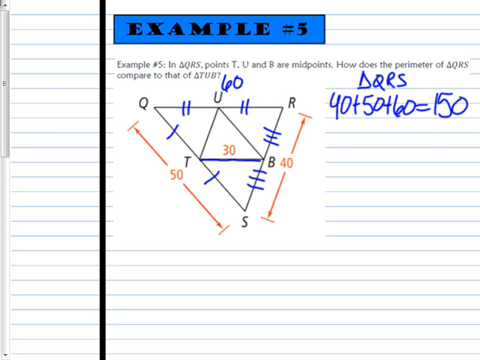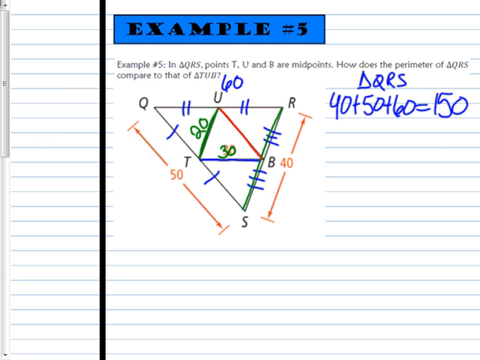Now I'm going to use green to mark the other triangle. We have 30 already for that segment. So this segment is parallel to this line, which that whole line is 40. So what is TU? Well, it's half, 20. And then I'll mark it in red.